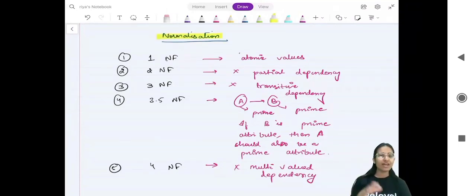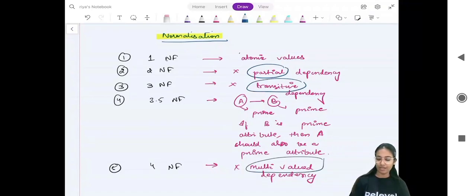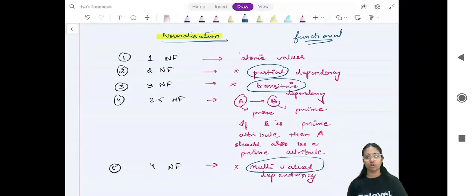So with this, we are actually concluding the topic of normalization. It's a vast topic. It requires a good knowledge of all the topics that we have done. Usually students get confused a lot between partial, transitive, multi-valued, functional, right? There are a lot of terms, so it's quite easy to get confused since they all sound a little bit similar. So make sure you practice, right? Because the more you practice, the more comfortable you become with these topics.